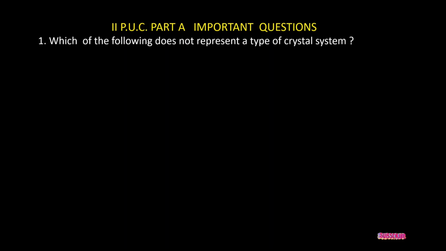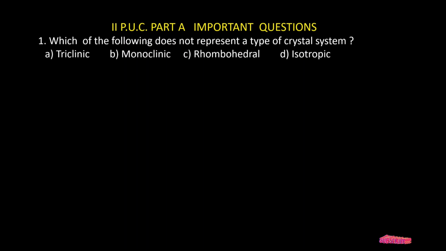Question number 1. Which of the following does not represent a type of crystal system? Here are the options. A. Triclinic, B. Monoclinic, C. Rhombohedral, D. Isotropic. Dear friends, the first three options are the different types of crystal systems, that is the triclinic, monoclinic and rhombohedral.